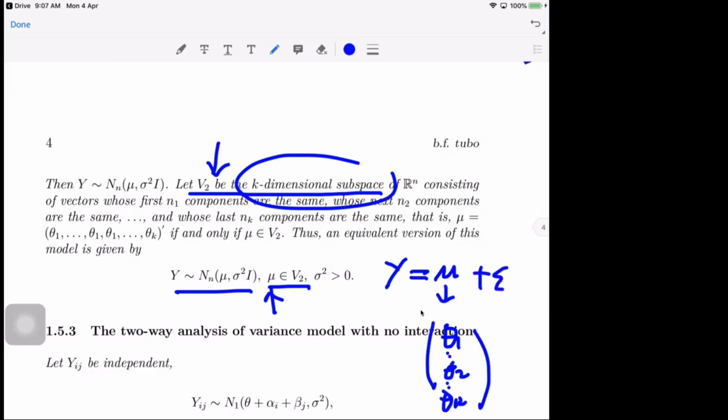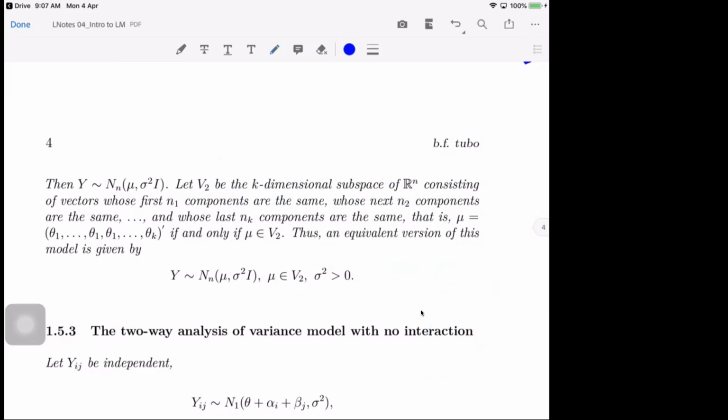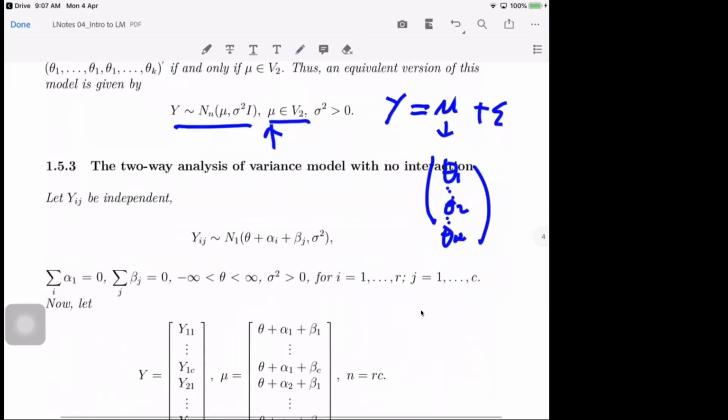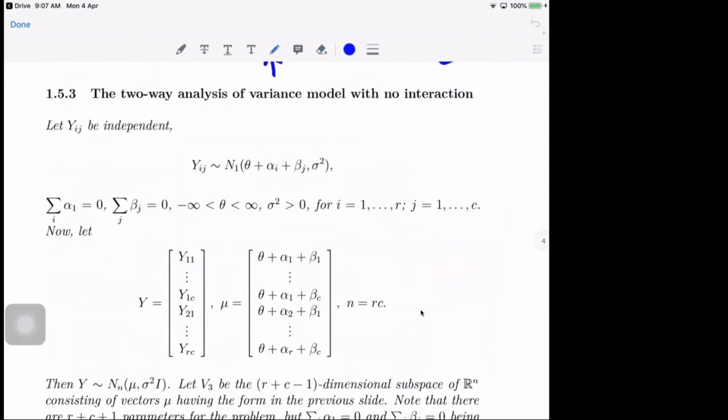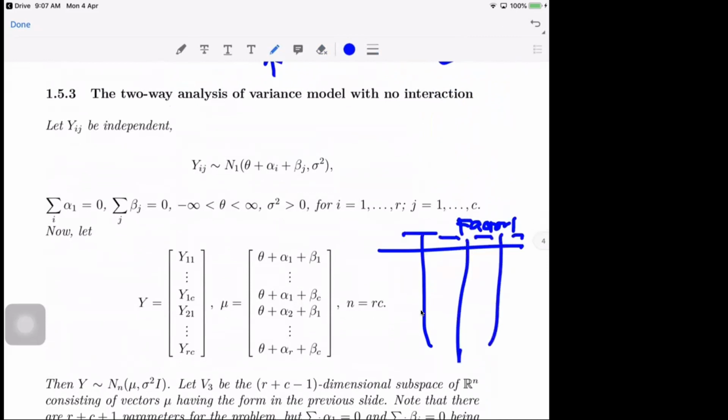Next is the two-way analysis of variance with no interaction. So the data layout usually looks like this. You have factor 1 here, where your factor can have some levels there.